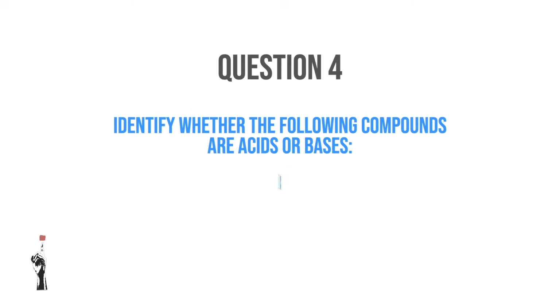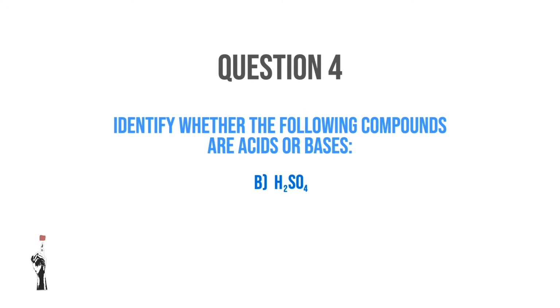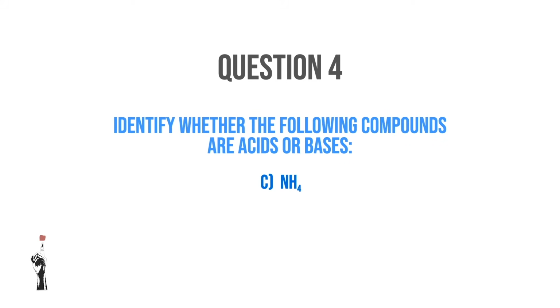Our first example is HCl. HCl represents hydrochloric acid, and as the name gives it away, it is considered an acid. Our second example is H2SO4. This represents sulfuric acid. It is our second strongest acid that we are aware of in the laboratory. NH4 represents ammonium.